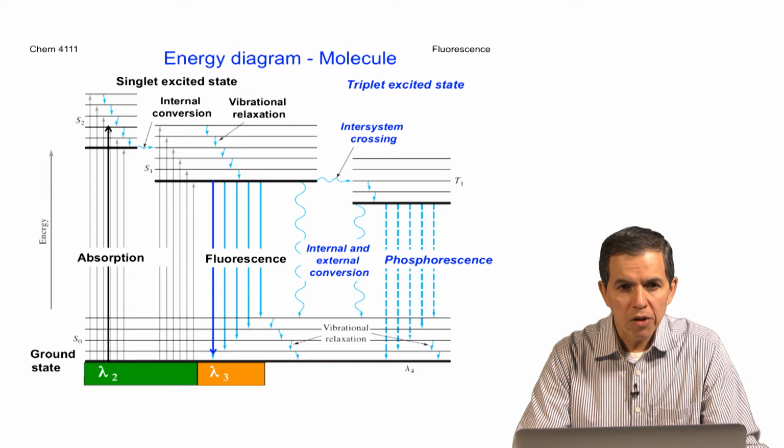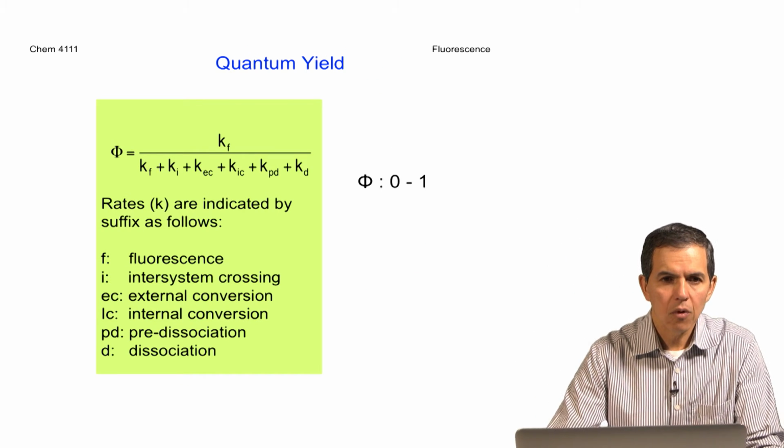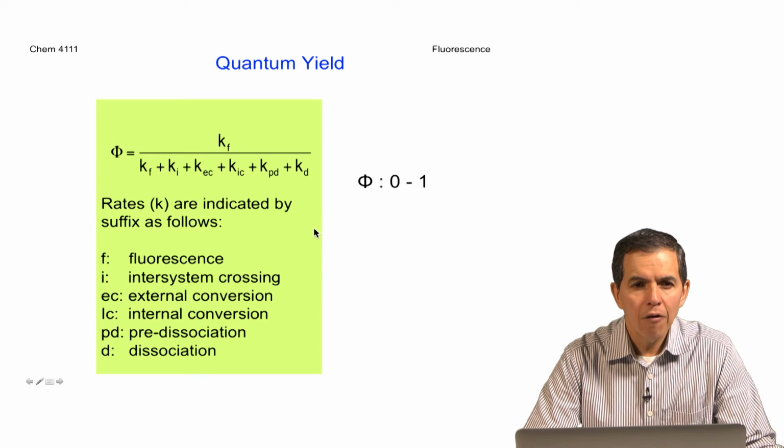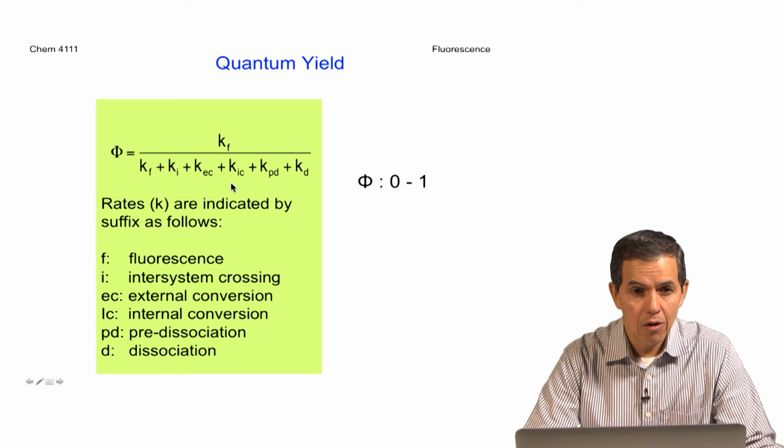So to appreciate the importance of these processes to fluorescence, one considers the property called quantum yield. Quantum yield is an indication of how fast or how frequent fluorescence occurs, represented by the rate of fluorescence, versus the rate at which other processes occur in an excited state.